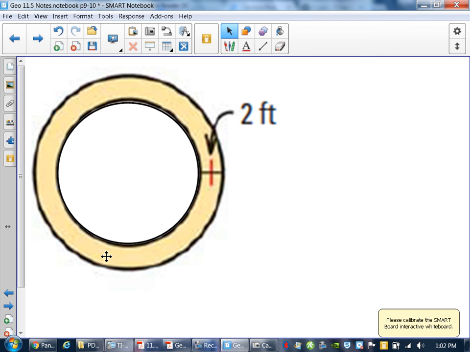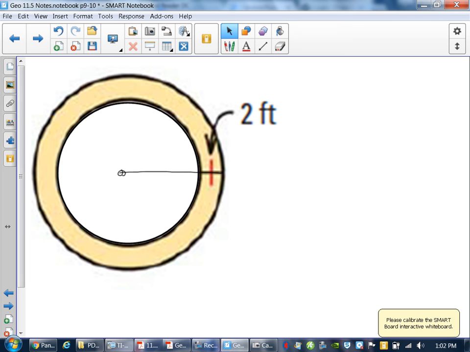Basically you'll take the area of the whole thing, and you're going to subtract out the inside. The whole thing had a radius of 8.